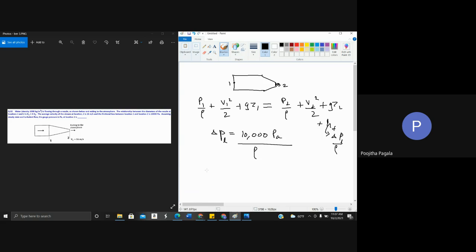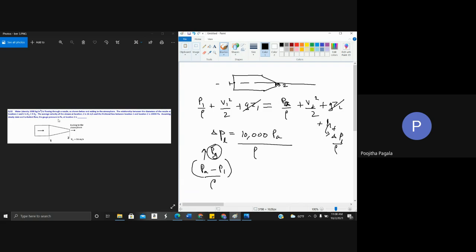And now we can go ahead and solve it. Because they are at the same elevation, gZ1 and gZ2 you can ignore. We don't know P1, but we know P2 to be atmospheric pressure. So you'll have PA minus P1 by rho. PA minus P1 is nothing but the gauge pressure. That is exactly what they're asking.